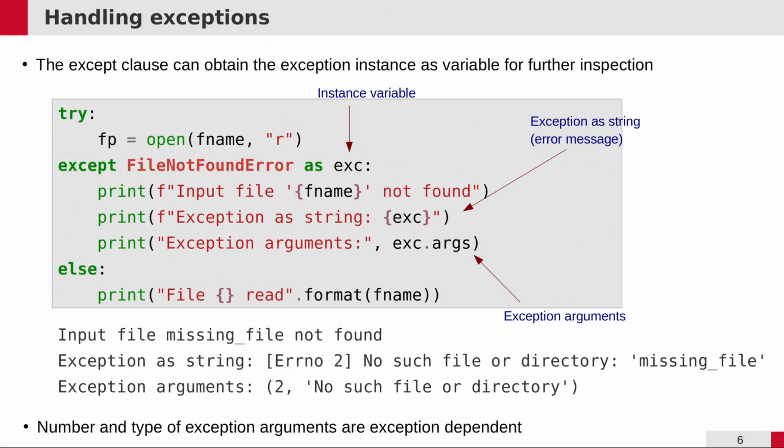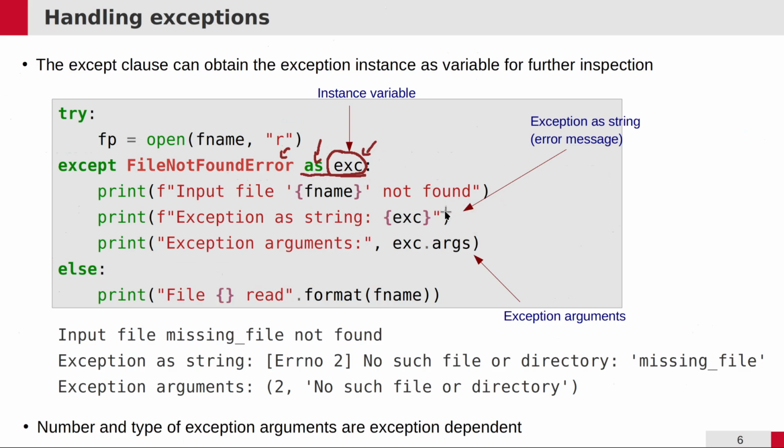Okay, maybe a little bit more detail on the except block. You can also store the details of the exception in a variable. Every exception is actually an instance of a class. And you can store the exception in a variable which you can specify here with the as modifier, so except, then you specify the exception class, then the as statement, and then an arbitrary variable name which I call here exc, like exception.